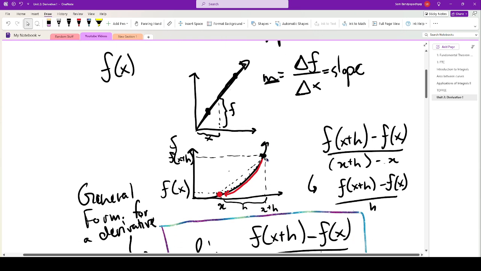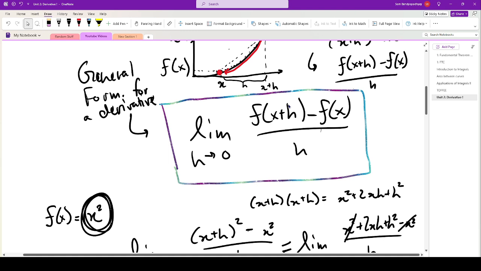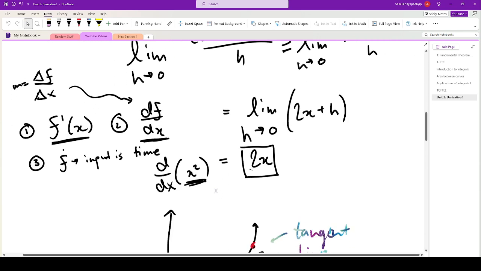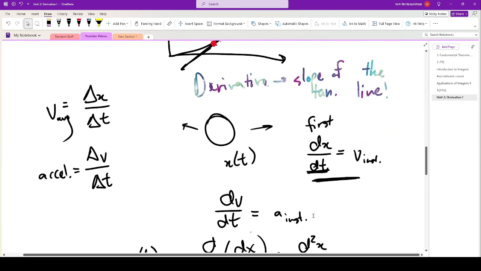But bottom line, the derivative is an instantaneous rate of change. It represents the slope of the tangent line, and the formula for it is going to be right here. Essentially, we're just taking these two points along the line, approximating the slope between them, and then making the space between them approach 0. These are your notations: f prime, which you pronounce f prime but it's really f apostrophe, and df/dx. Two different notations, both used very often.